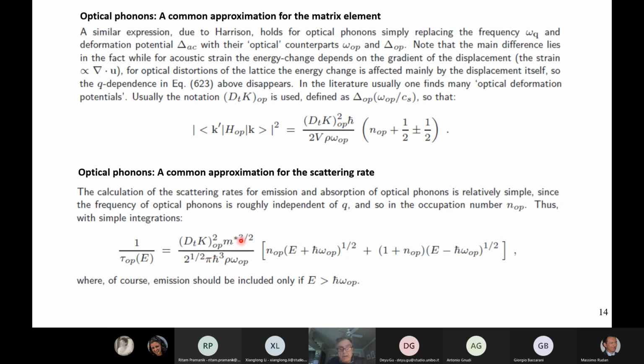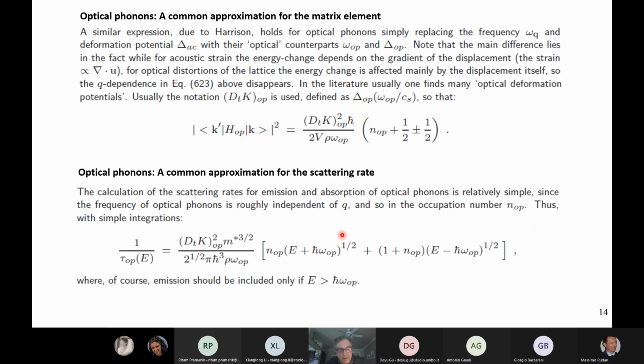You remember that the density of states in 3 dimensions is proportional to the 3/2 power of the effective mass. Then the number of phonons that we have, for emission or absorption, and then the square root of the energy of the final state into which you're scattering. For absorption, you go to the initial energy plus a phonon energy. For emission, the opposite, of course. So this is the density of the final electron states.